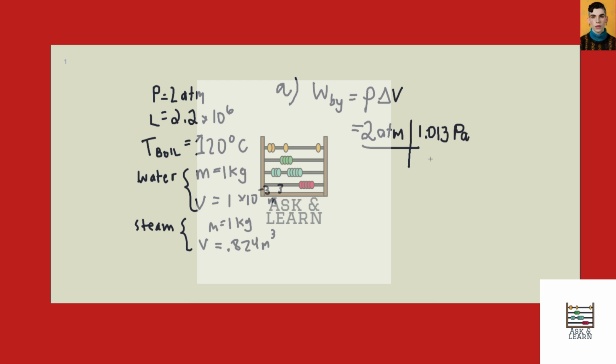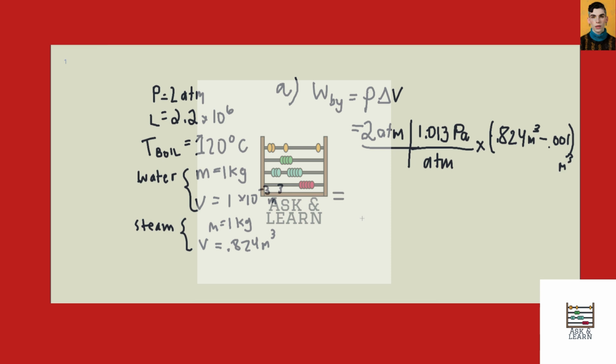And then times our change in volume. So the final volume is the volume of steam, 0.824 meter cubed, and then the initial volume of the water, which is very small. And then this is all meter cubed.